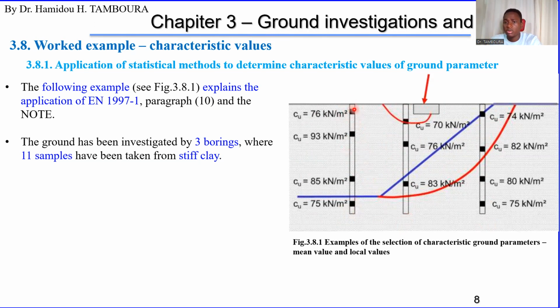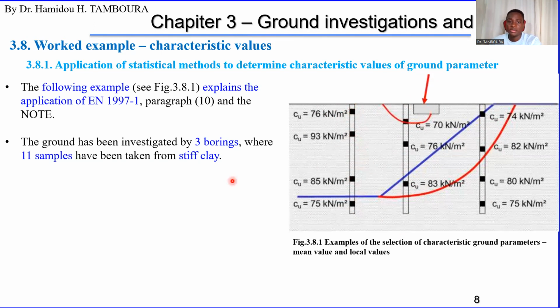On this one we have 4 samples taken from this boring, on this one we have 3 samples, and here 4 soil samples taken from this boring. So in total 11 samples are taken.